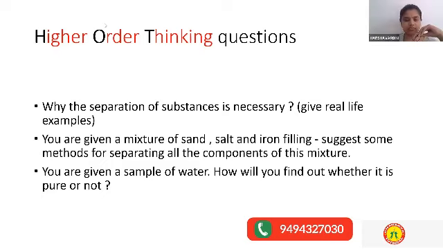So the mixture consists of sand, salt, and iron fillings. I want you to separate all these things. That is, sand, salt, and iron filling are together now. They are like a mixture in a bowl. I want you to separate them separately, like sand in a separate box, salt in a separate box, iron fillings in a separate box.